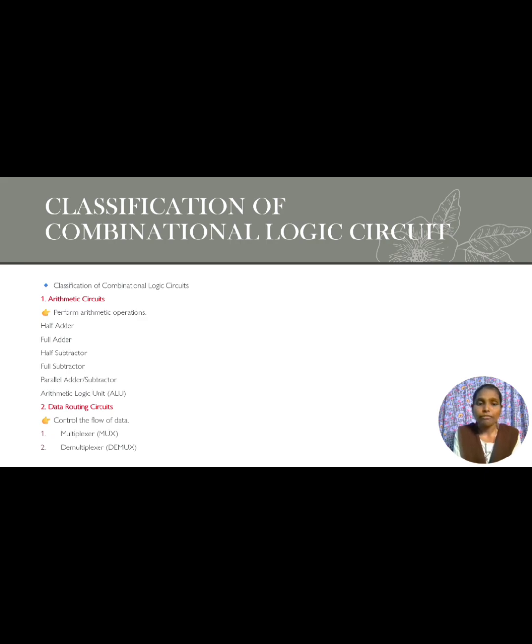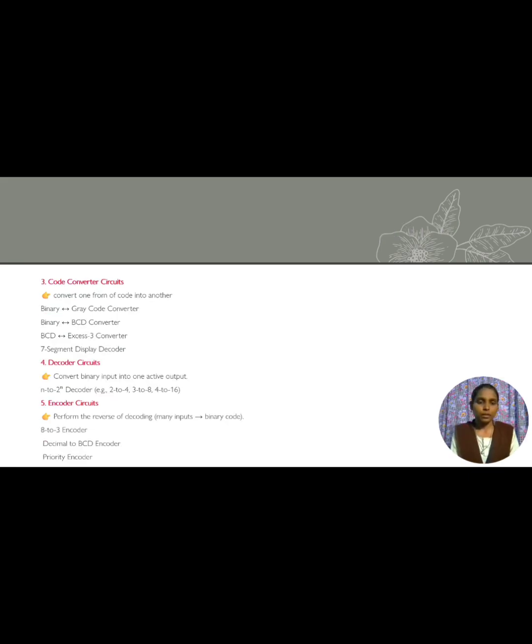Control the flow of data: multiplexer and demultiplexer. Number 3, code converter circuits: binary to Gray code converter, binary to BCD converter, BCD to XS3 converter, 7 segment display decoder.